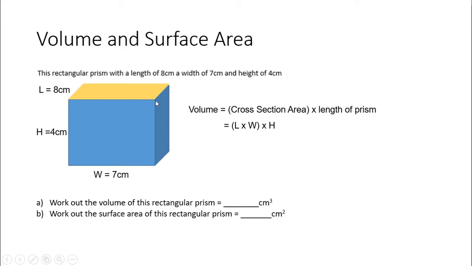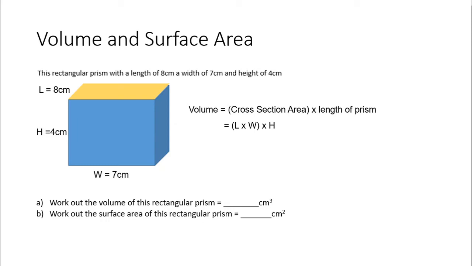Width will be 7. And the length of the prism, or the distance between the two cross-sectional faces, so this face here and the identical face on the opposite side of the prism, that distance will be equal to the height, which is 4. Now I know a lot of you have generalized your formula for the volume of a prism, and you think that it's just always going to be length times width times height.